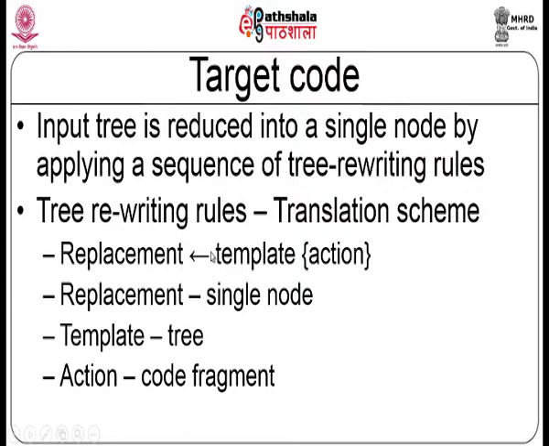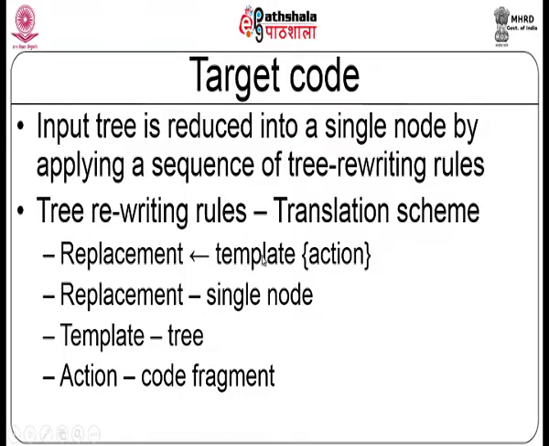This replacement is done for a given template, and what action should I basically do? This action area here will correspond to the actual assembly level code. Template will be the tree, and this tree is reduced to a single node. So what is this tree trying to be reduced to? That is your replacement here.